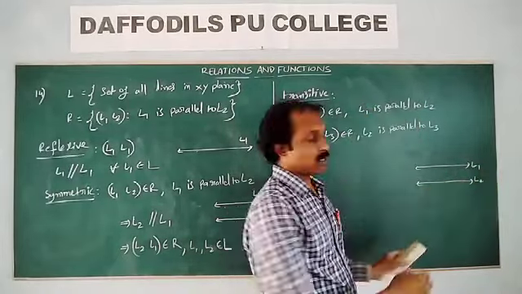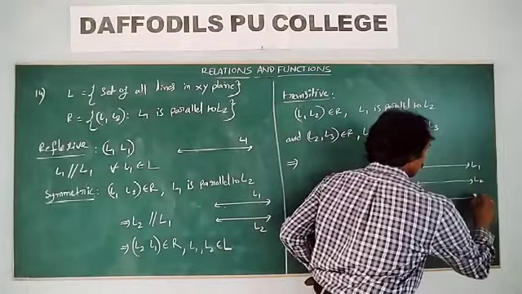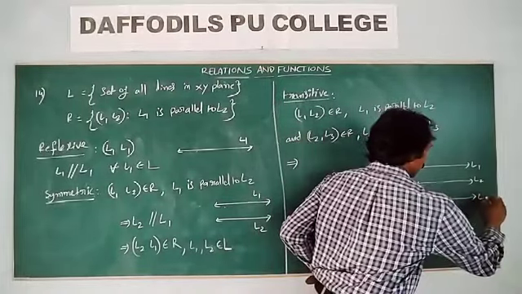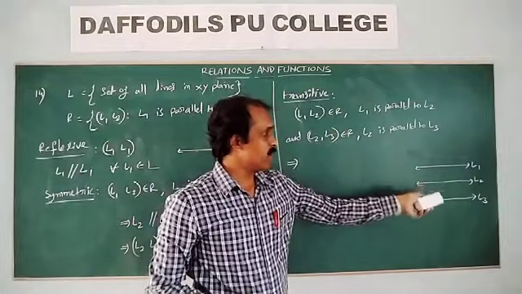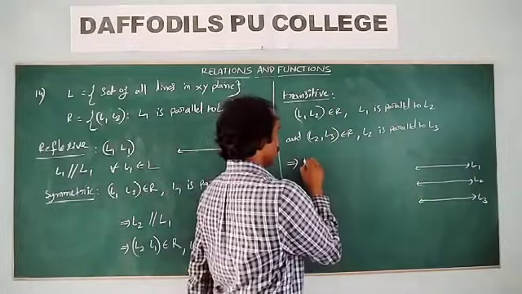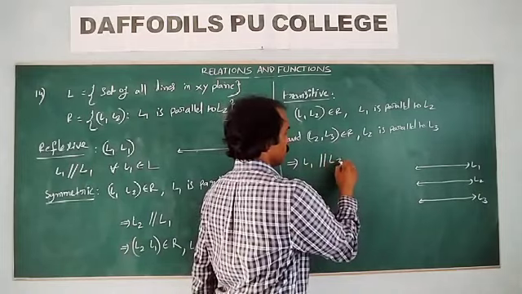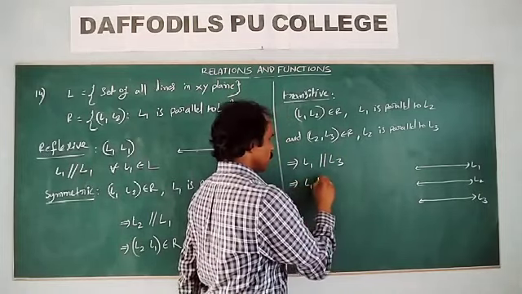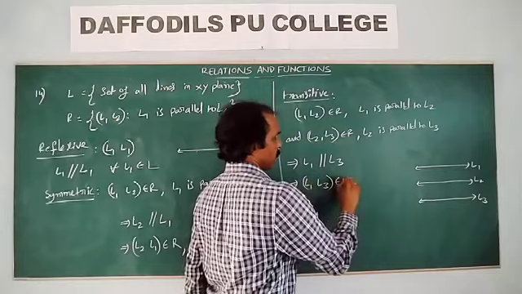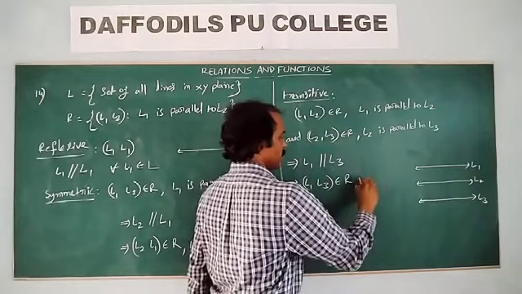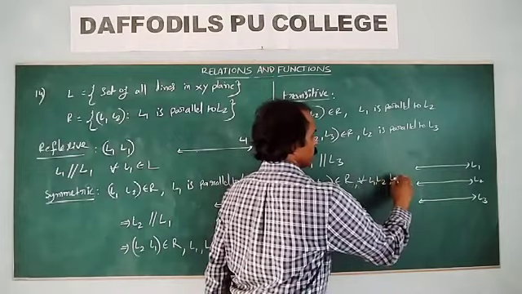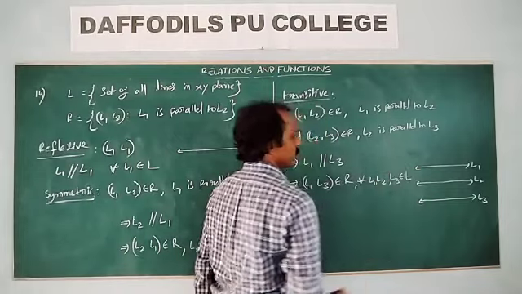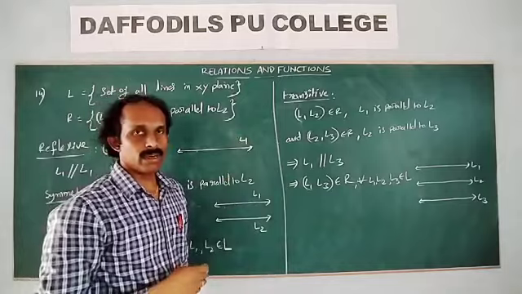L1 is parallel to L2 and L2 is parallel to L3 implies that L1 is parallel to L3. That implies that L1 comma L3 belongs to the relation, for each L1, L2, L3 belonging to the set of given lines.